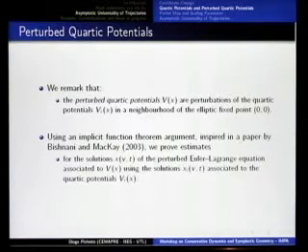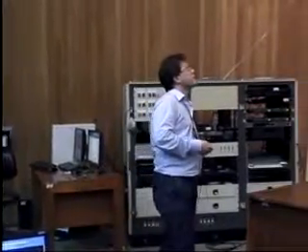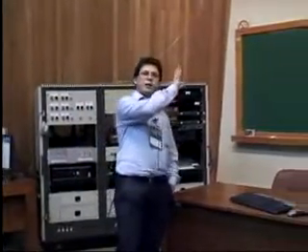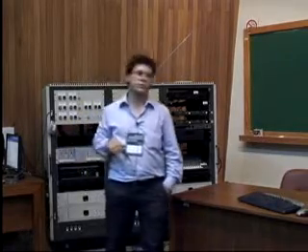Away from the equilibrium point, you might have very different things. Then we use an implicit function argument, inspired by an argument developed by Bishnani and McKay in 2003, and we extend the estimates I've just shown you for the quartic potentials to these perturbed quartic potentials.